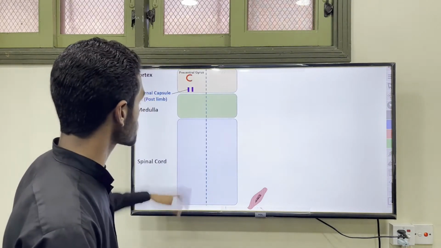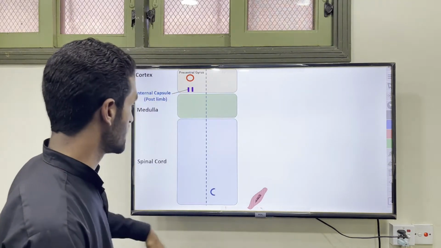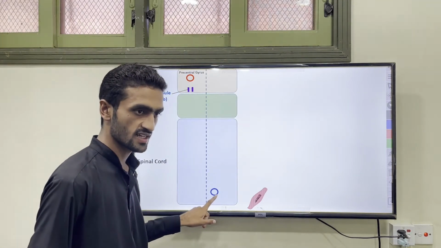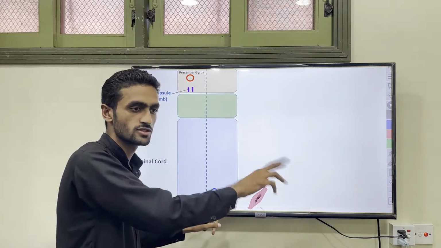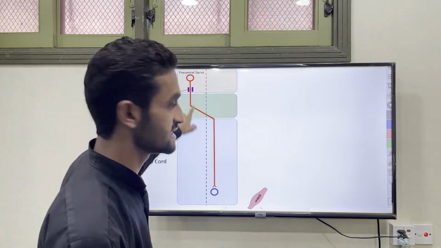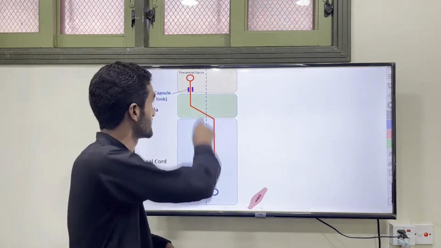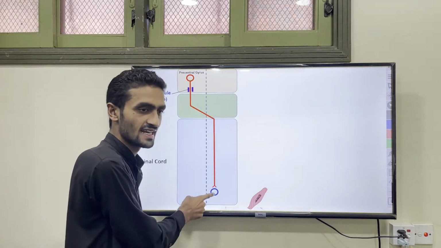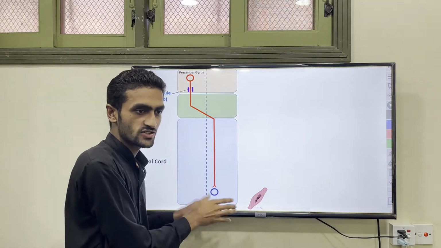Here you see one nucleus present here, another present at the level where they have to supply the muscle. This is our upper motor neuron, which is coming from the pre-central cortex to that level. So these are motor neurons.